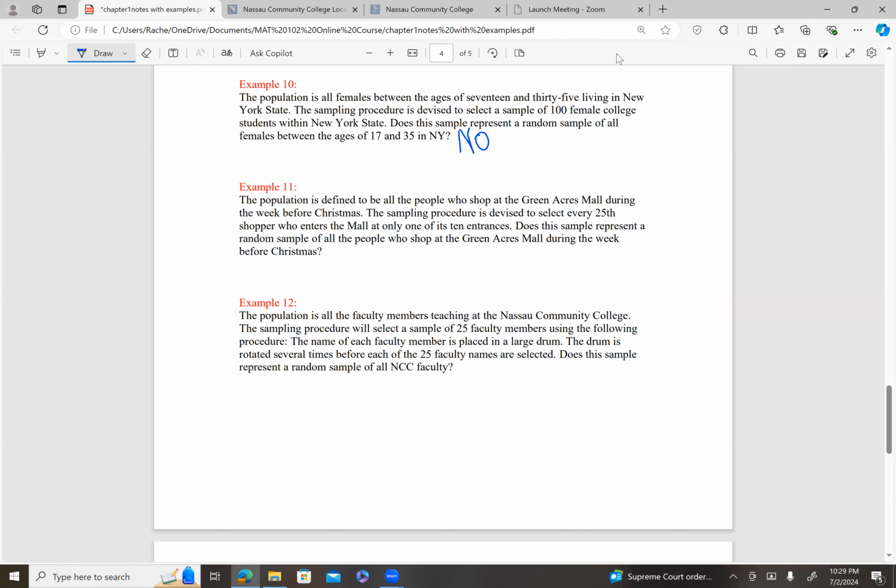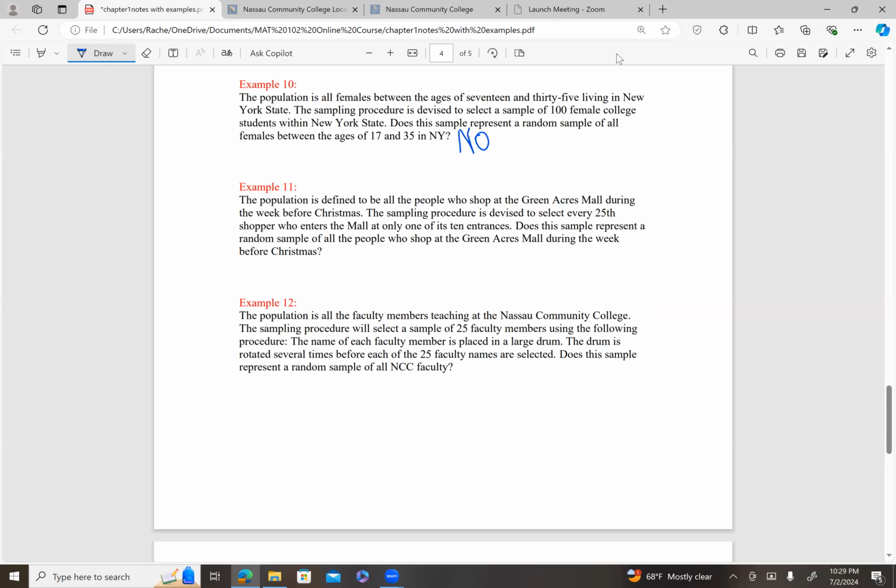So the issue with this is that there's 10 entrances. But this procedure is only going to select every 25th shopper who enters the mall at only one of the 10 entrances. So it's only focusing on that one entrance. But what about all the other people that go in through one of the other 9 entrances, right? They would never have a chance to be in the survey.